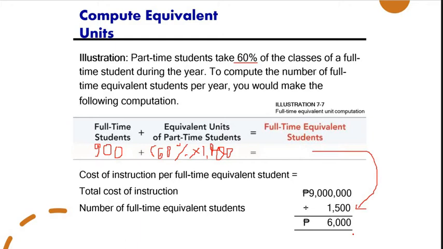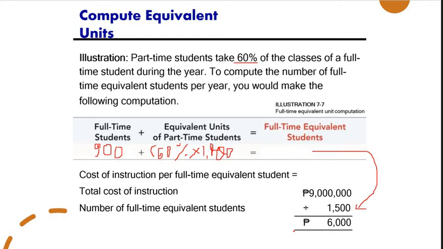The cost of instruction per full-time equivalent student is therefore the total cost of instruction, the 9 million, divided by the total of full-time equivalent students, which is 1,500. Now we have computed the equivalent units, which is 6,000.